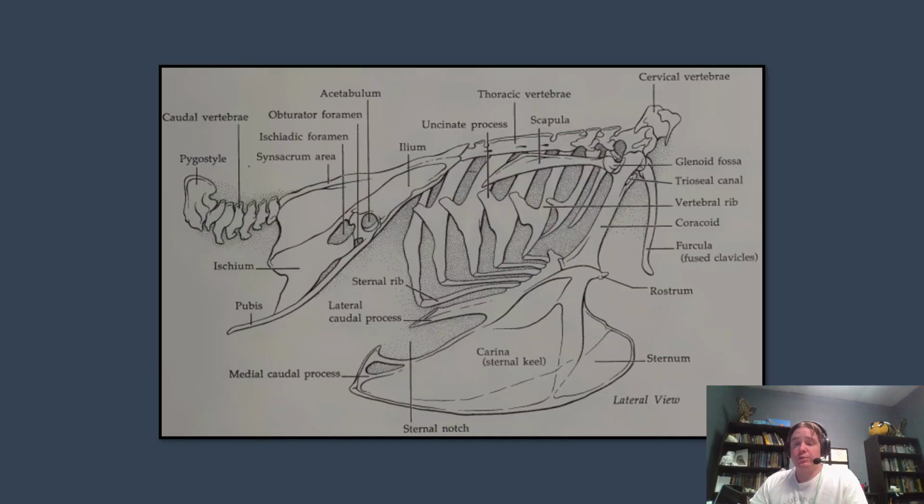And walking birds, which have much lower respiratory requirements, have much shorter uncinate processes. So these processes add rigidity to the rib structure and also act as muscle attachment points that support respiration.